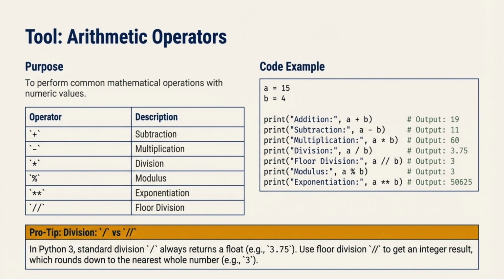In Python, normal division slash always returns a decimal value, while floor division double slash returns a whole number by rounding down. These operators form the foundation of all numerical calculations in Python.